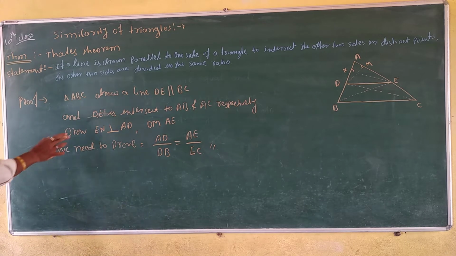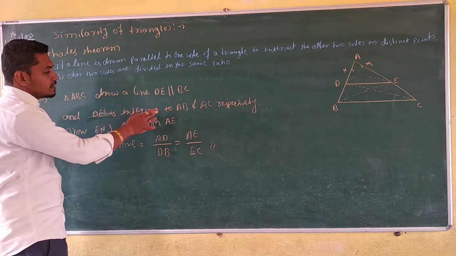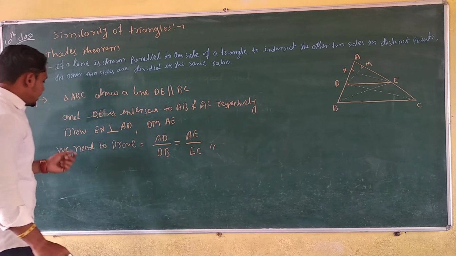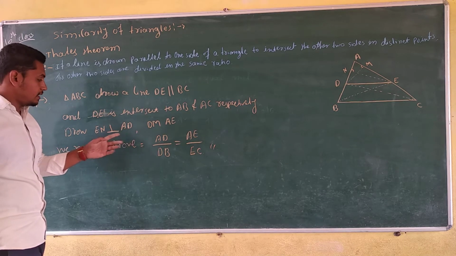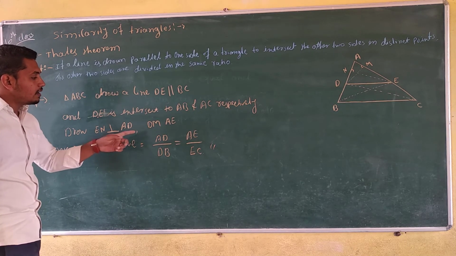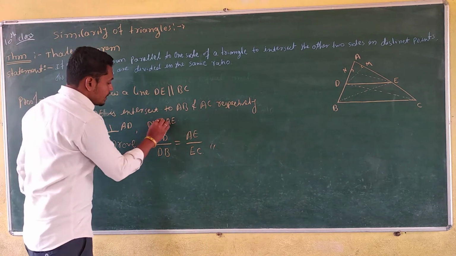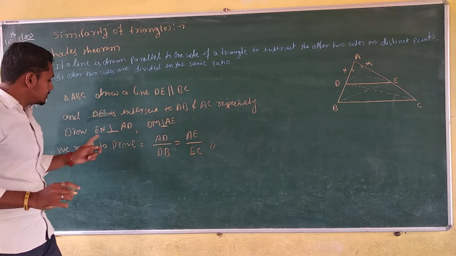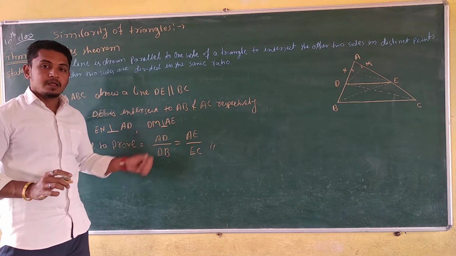Now you already did this: DE intersects AB and AC. And draw EN perpendicular to AD, DM perpendicular to AE.